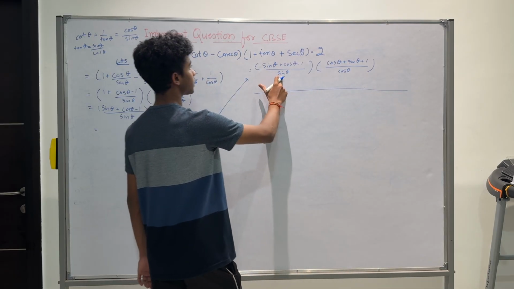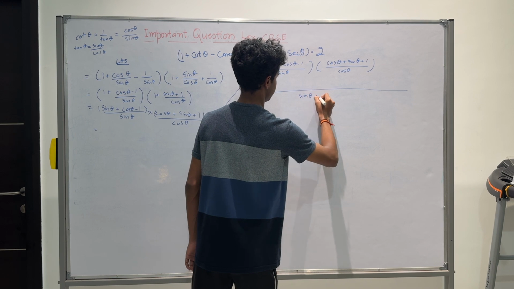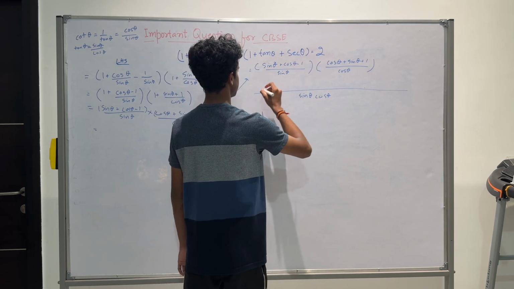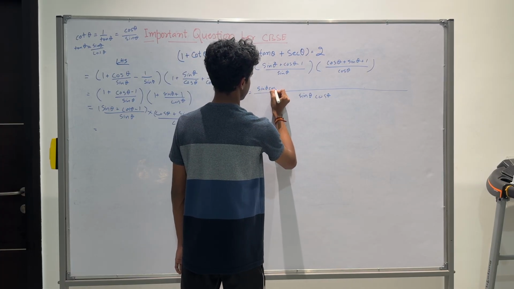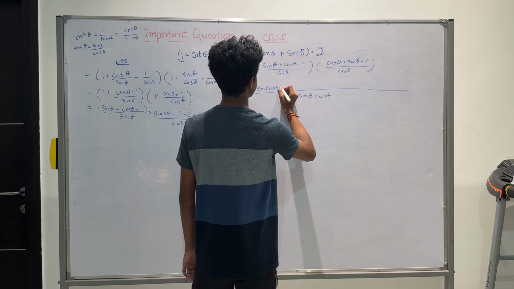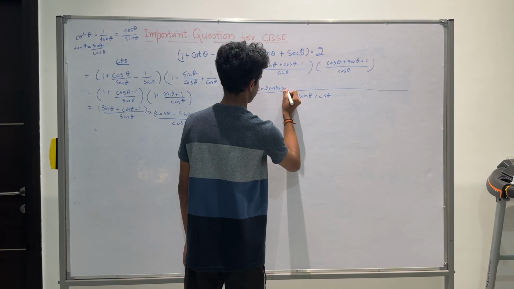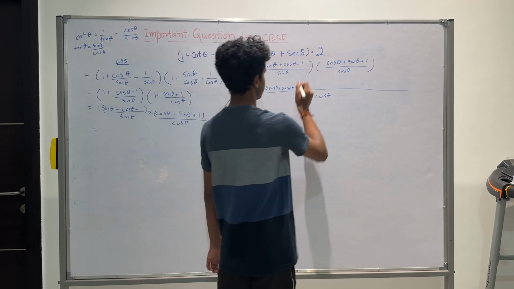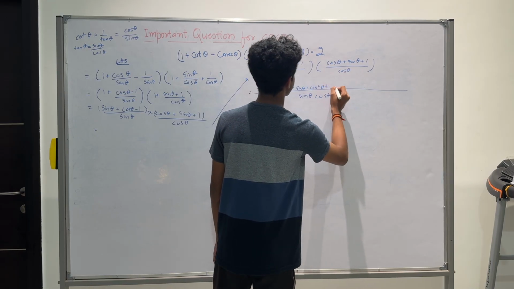On the denominator we get sin theta cos theta. The numerator first, we get sin theta cos theta sin square theta plus sin theta. Then we get cos square theta plus sin theta cos theta.